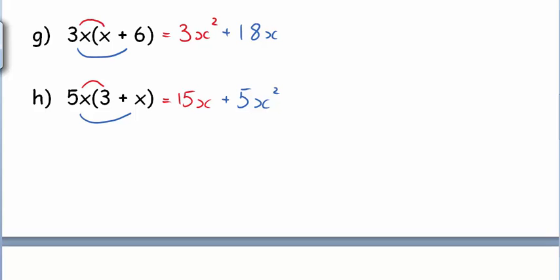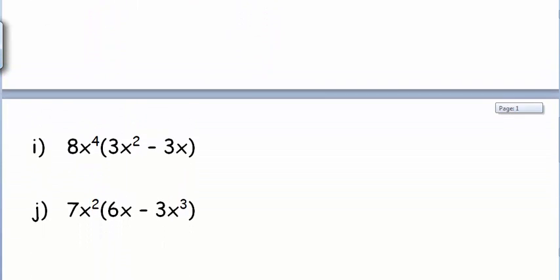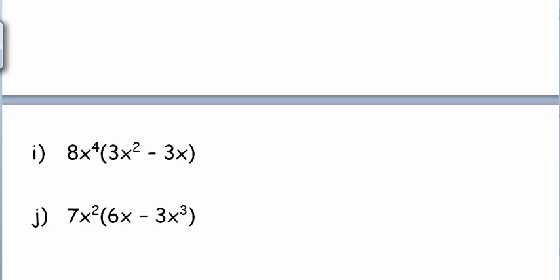If you're doing well, you can bear with me to move on to really difficult examples where we have to multiply higher powers of x. Let me do example I for you. 8x to the power of 4 times 3x to the power of 2.